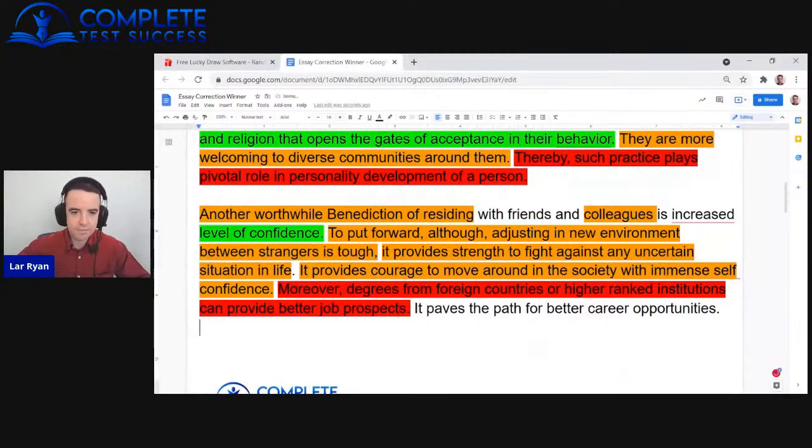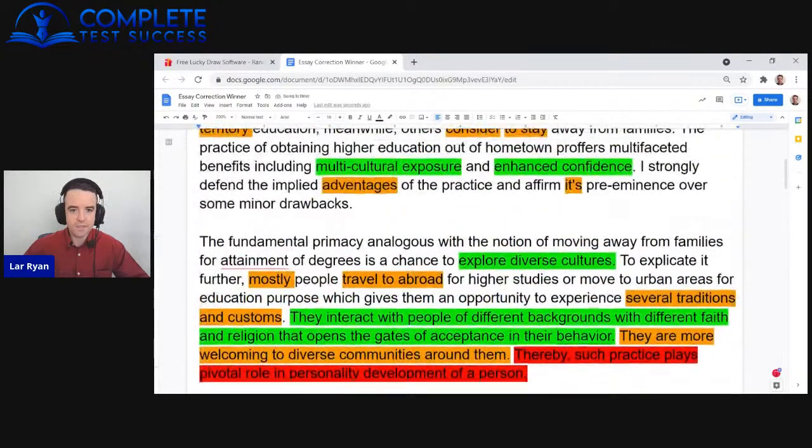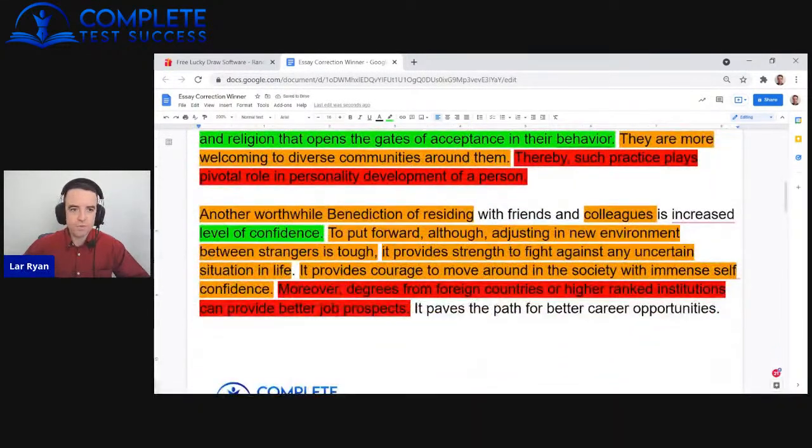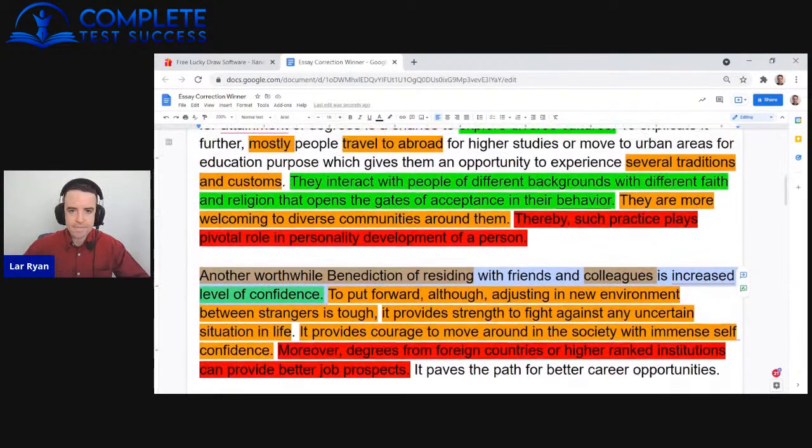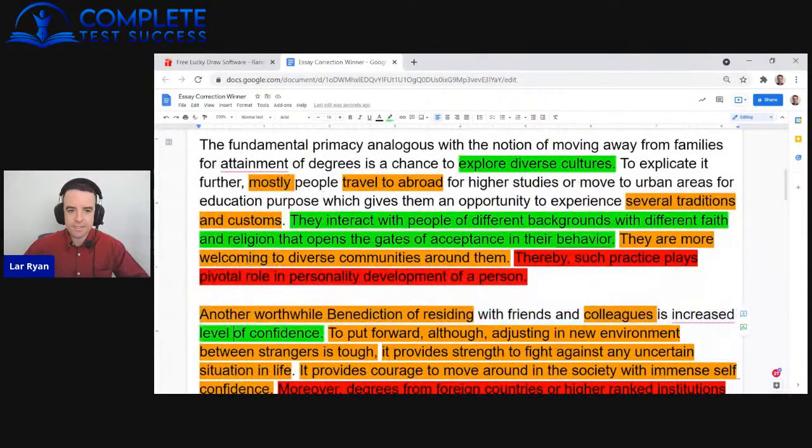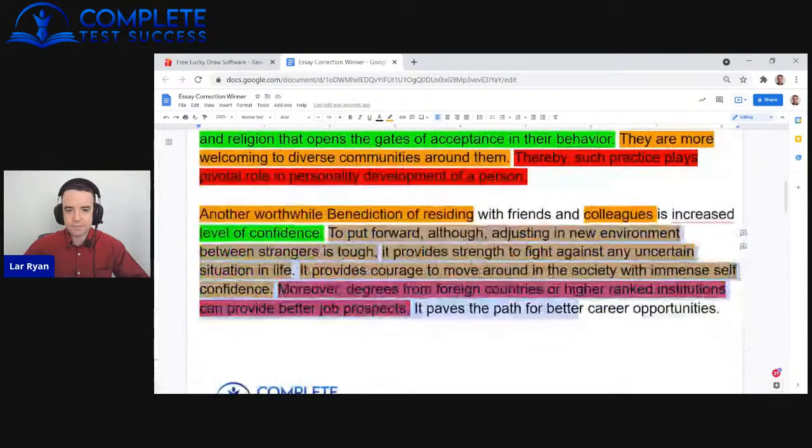So we need a space between the paragraphs to make it clear. So essentially no development here. So what we're looking at so far: two main ideas that are relevant and specific, explore diverse cultures and increases level of confidence, a small bit of development of this one, and no development of this one.